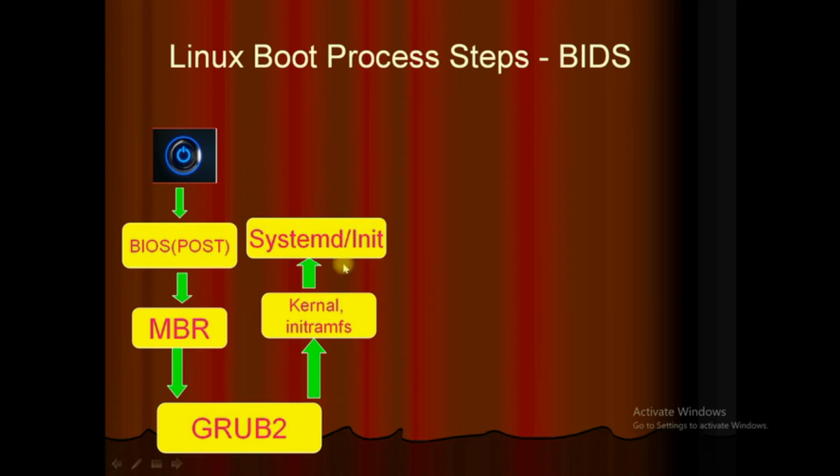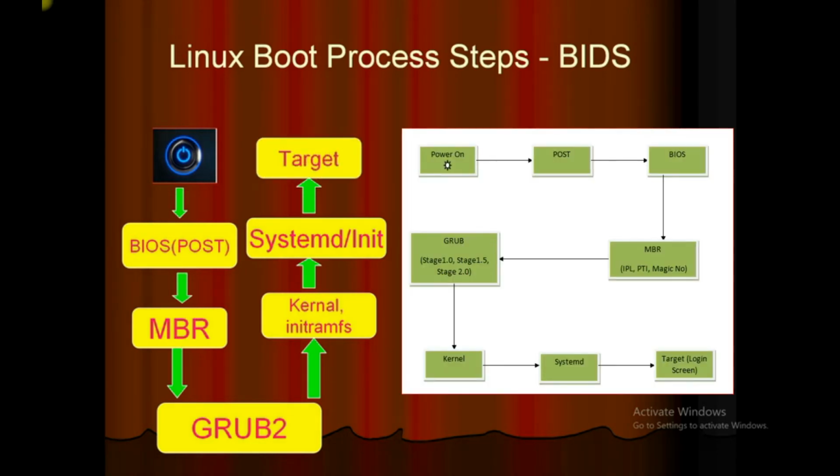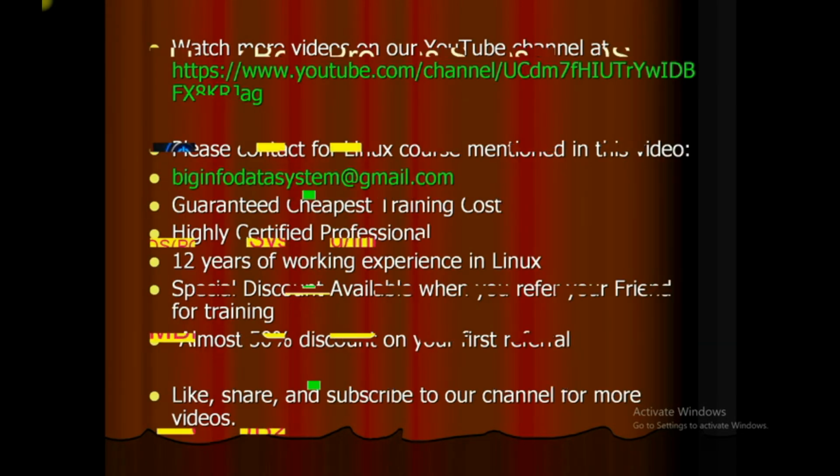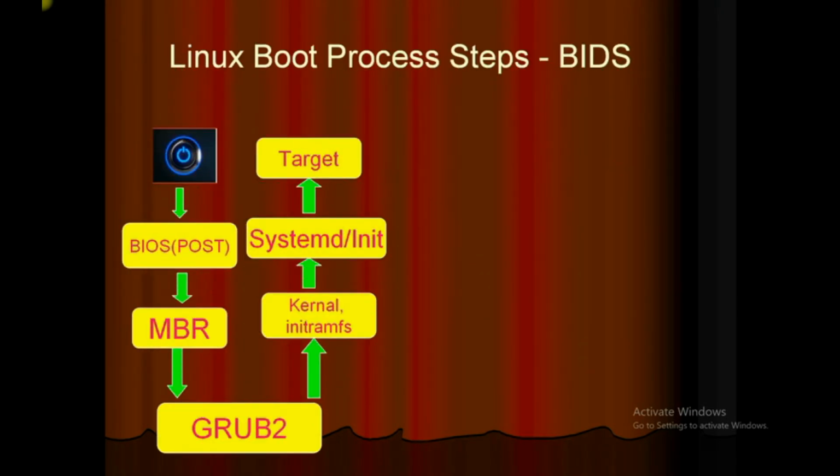After this, init will be a symbolic link to systemd, and systemd will check which target devices it has to execute and what run level it has to execute. It may be graphical, it may be multi-user, depending on the configuration file and what has been set.